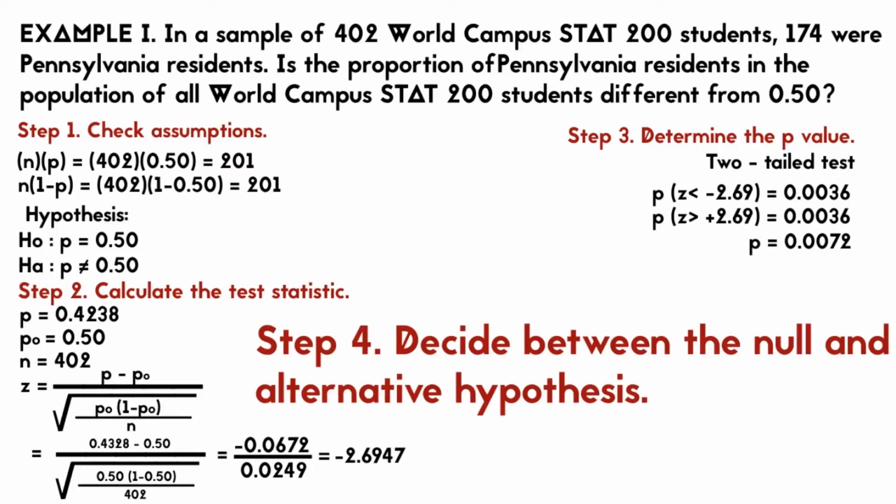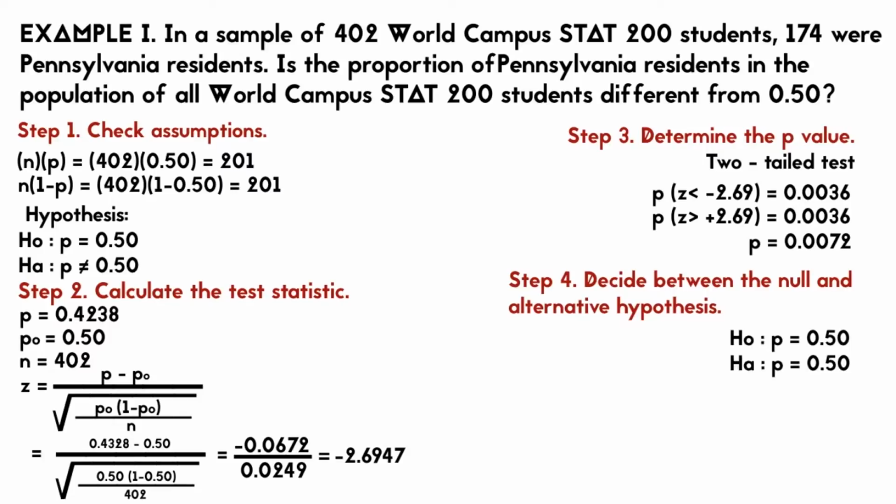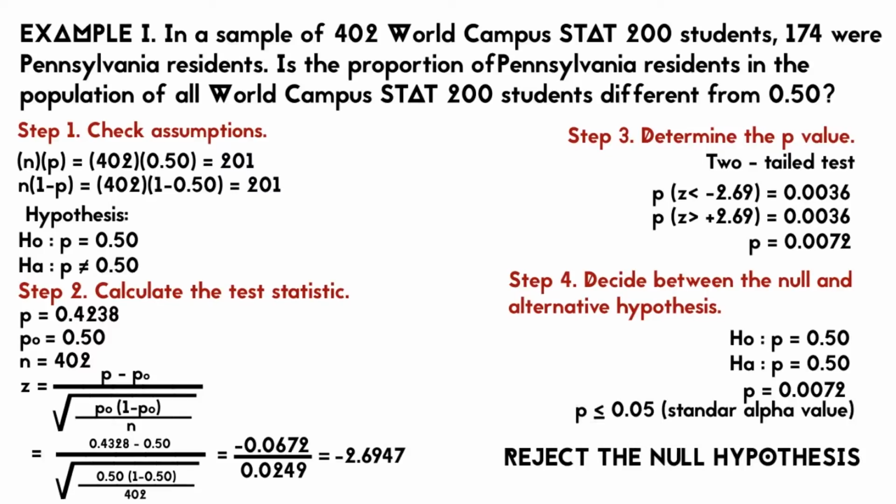Step 4. Decide between the null and alternative hypothesis. The null hypothesis involves p equal to 0.50 and the alternative hypothesis has p unequal to 0.50. The p-value is 0.0072, which is less than or equal to 0.05 as a standard alpha value, so we reject the null hypothesis.